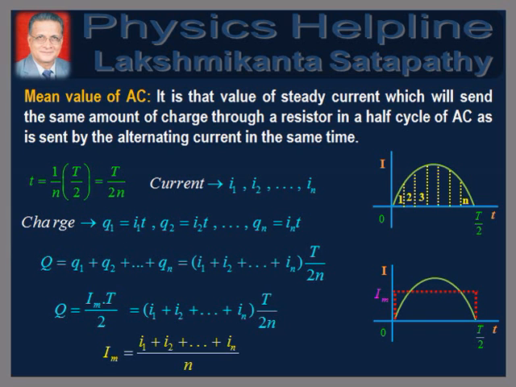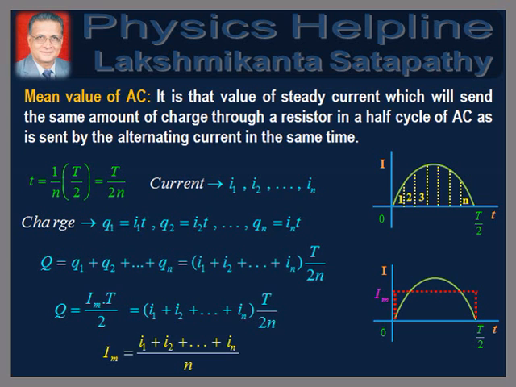When n is made very large, Δt becomes very small such that the current may be assumed to be constant in one small time interval Δt. Let I1, I2, etc. up to In be the currents in these n intervals of time.